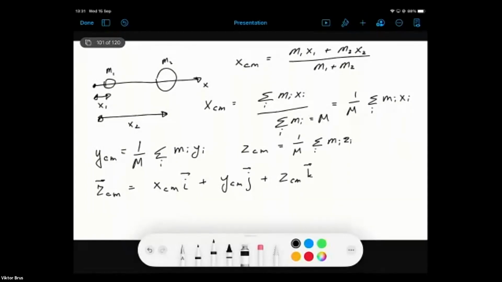So that is the most general form of how we can define this position of the center of mass. So this is valid for a system of many bodies.